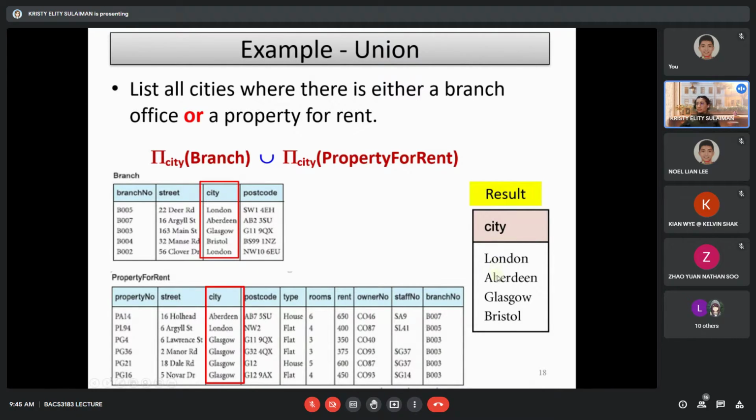So in this city, we know that there's either a branch office or a property for rent available. So union based on the city attribute is shown in this result, from the branch and property for rent relations.